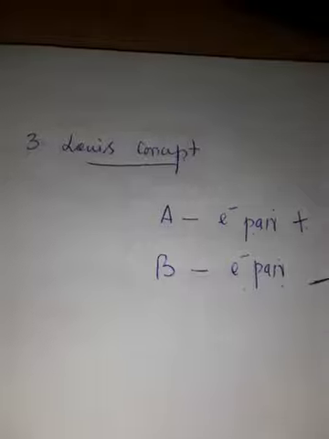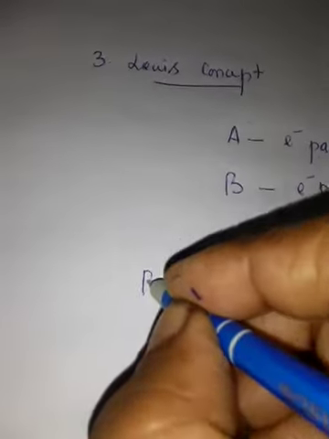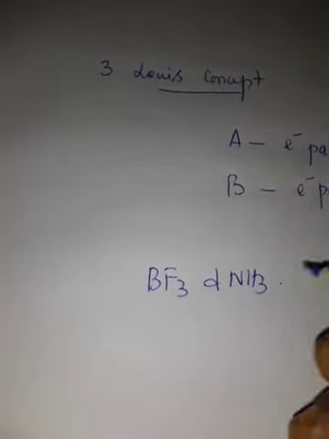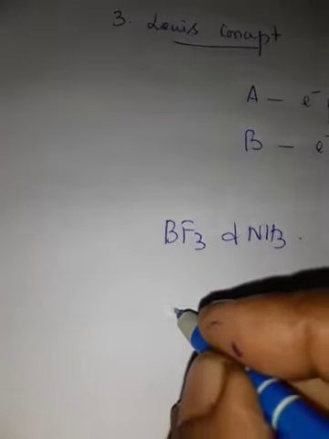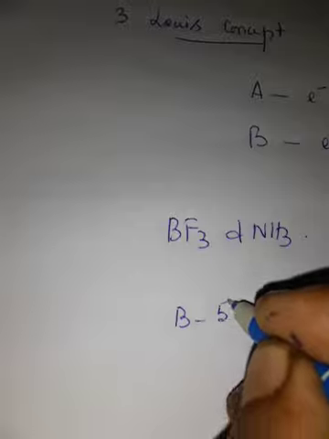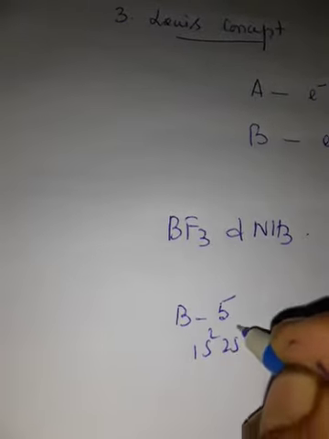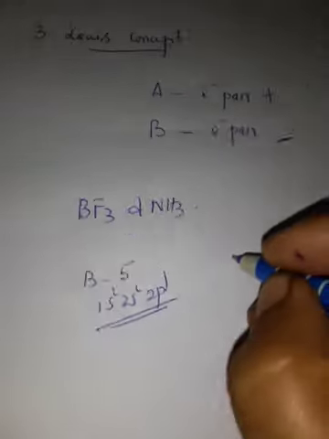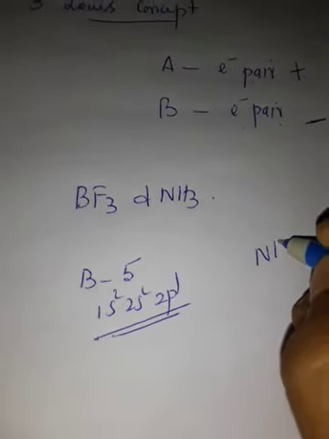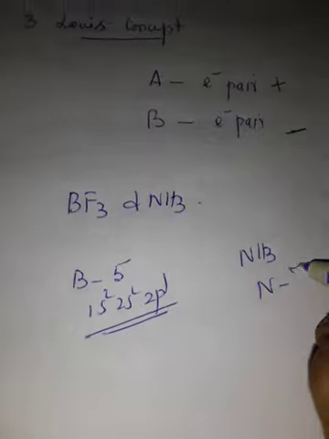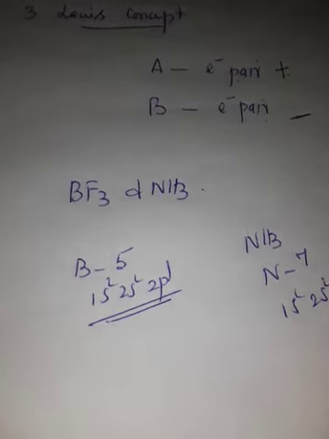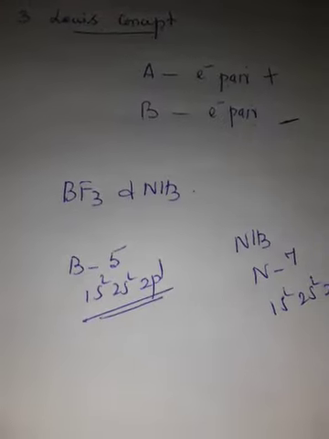For example, the reaction between BF3 and ammonia. Boron trifluoride: boron, atomic number 5, 1s2, 2s2, 2p1. Ammonia: here nitrogen has atomic number 7, 1s2, 2s2, 2p3.